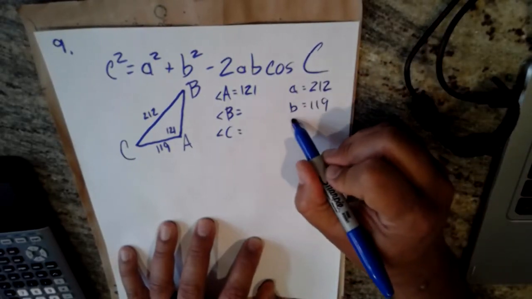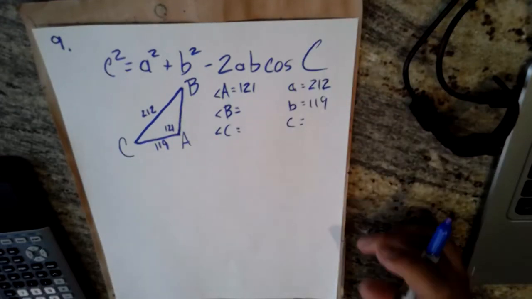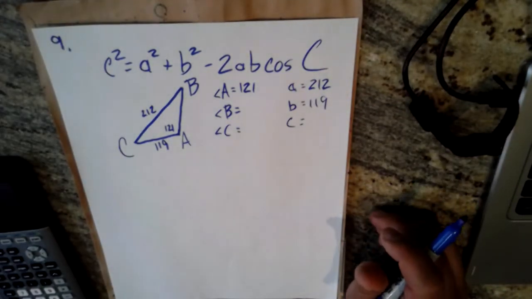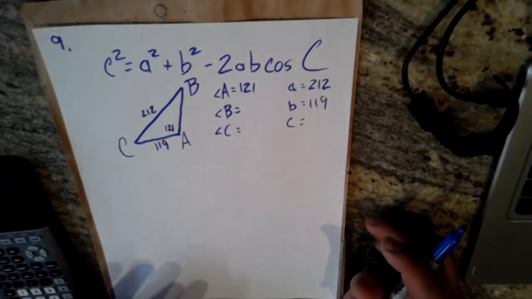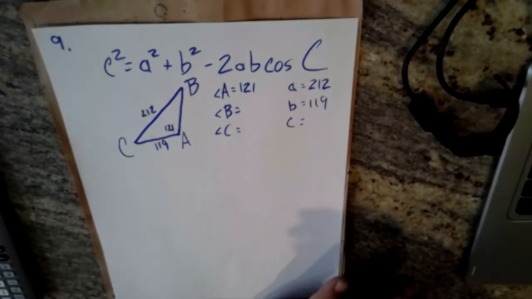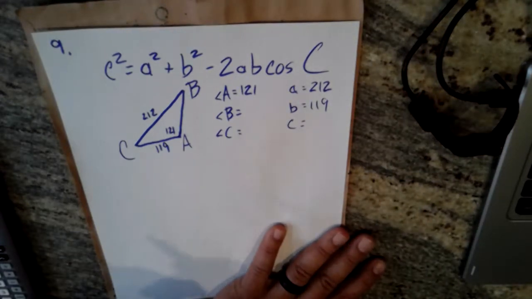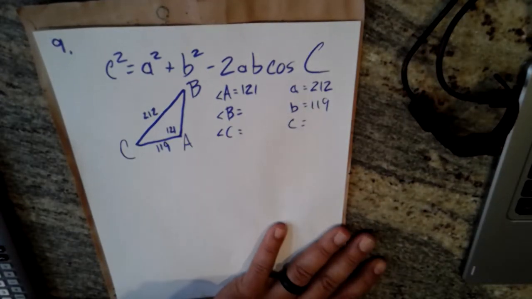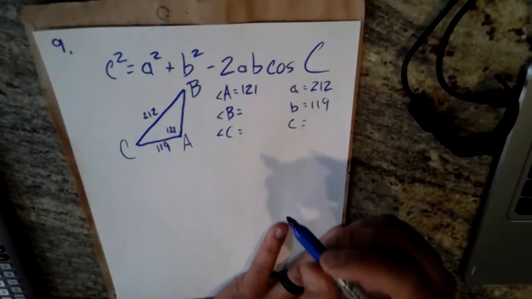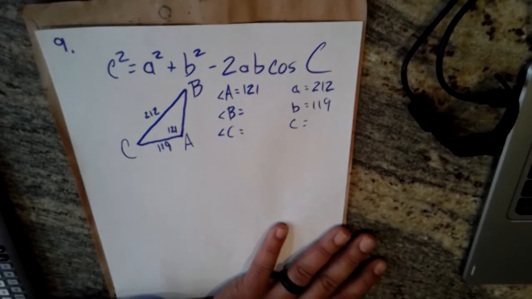And we do not know what little c is. Okay, so I get it now. I'm like, hold on, we got too many unknowns. But we're going to have to use law of sines first on this one to find our angle B. And then we can find angle C and we'll have enough.